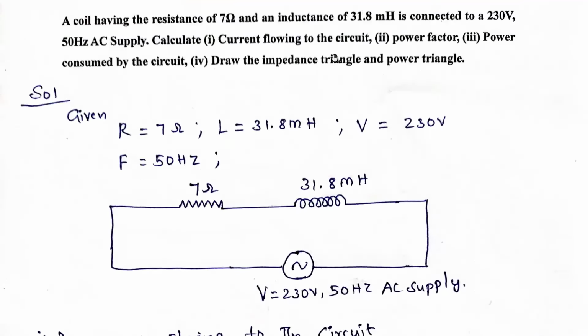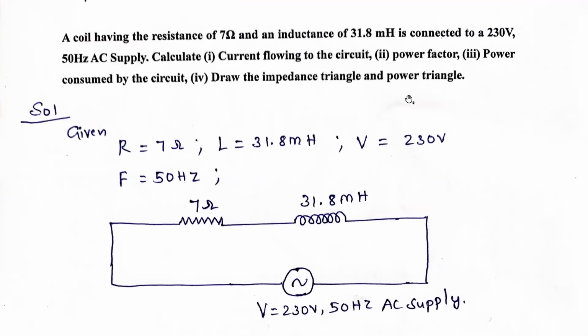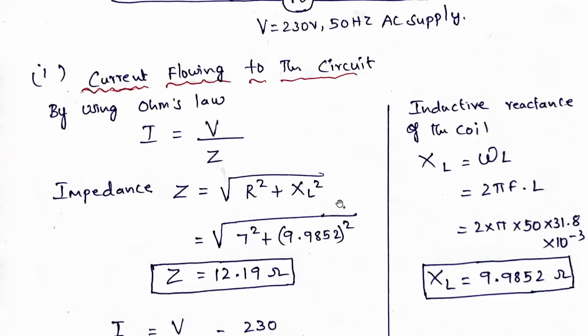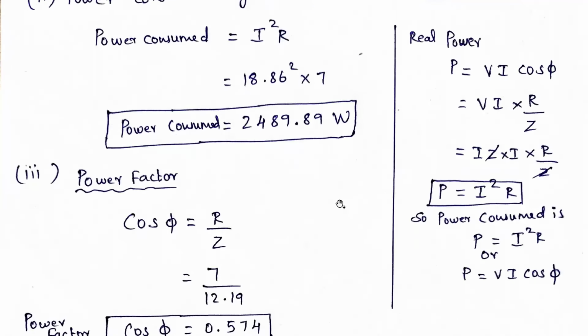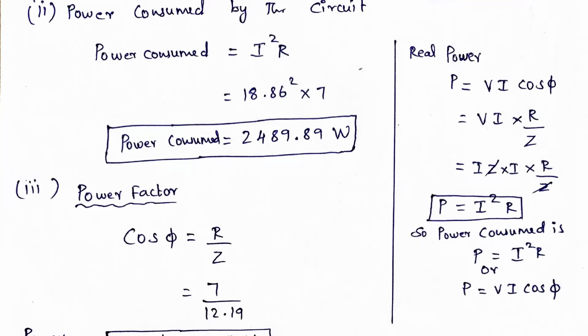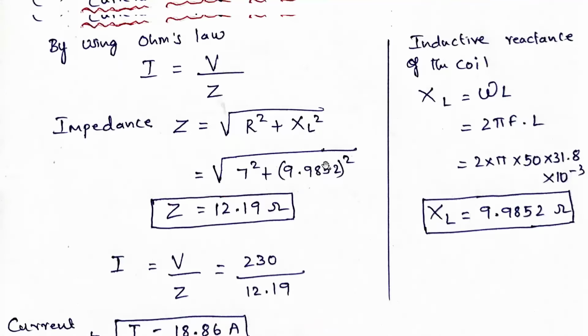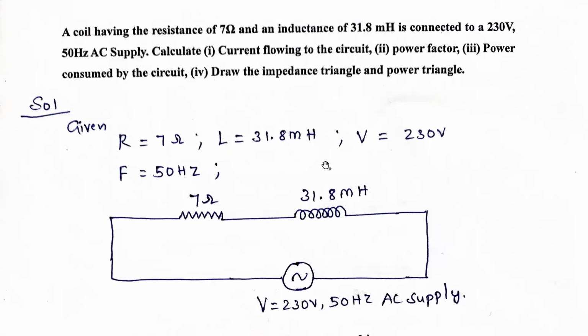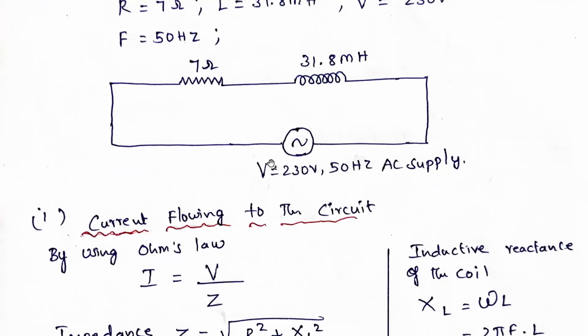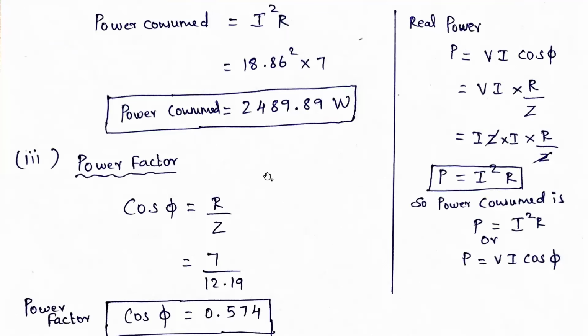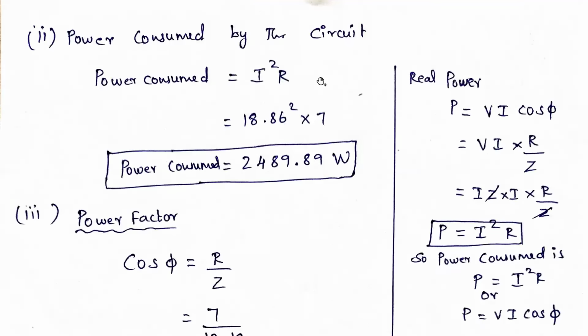Now, what is the second thing asked in this problem? Power factor. Next, the third one is the power consumed by the circuit. So first we'll calculate the power consumed, then we'll go for the power factor. Either way is the same.